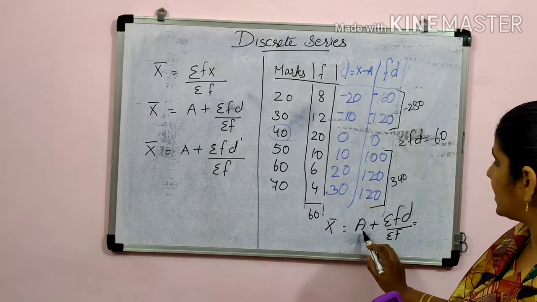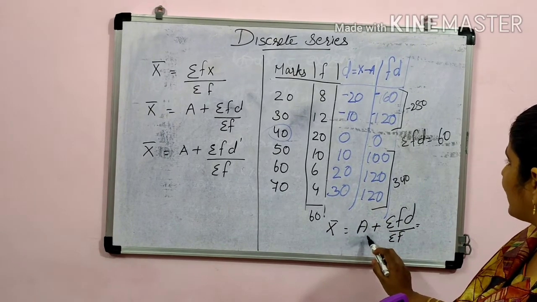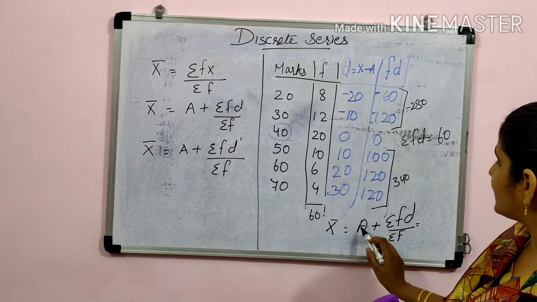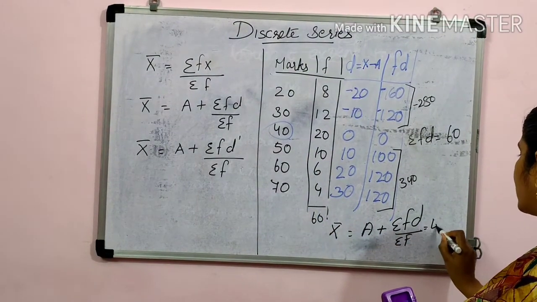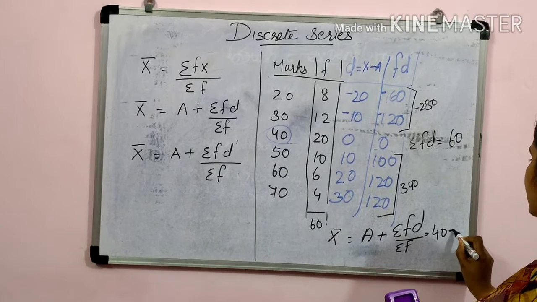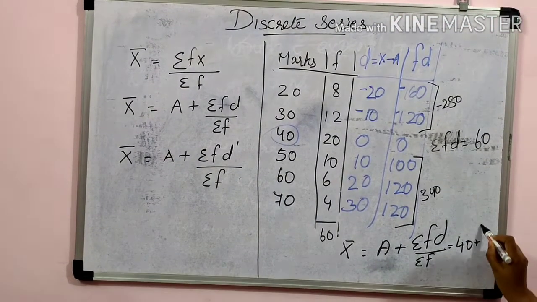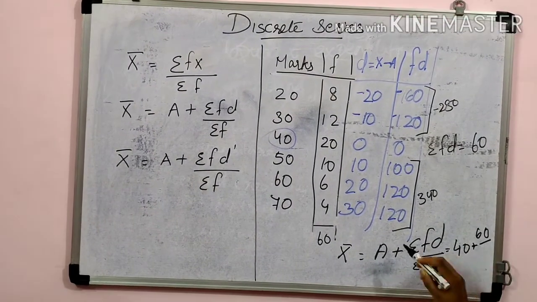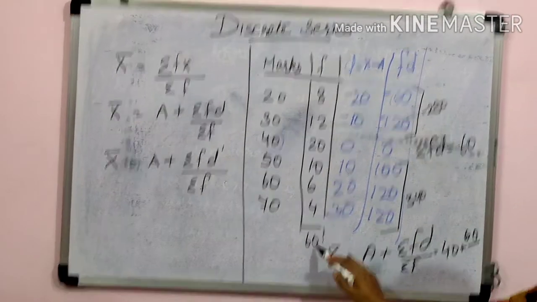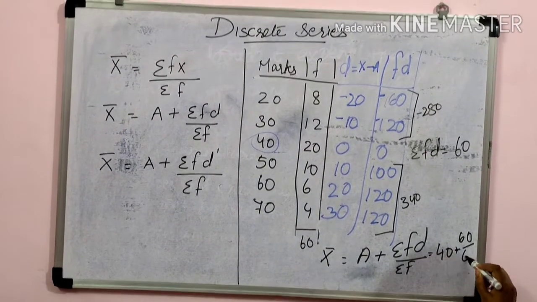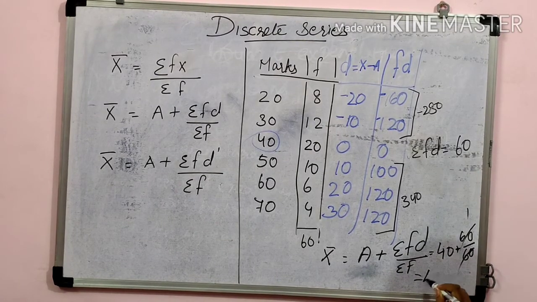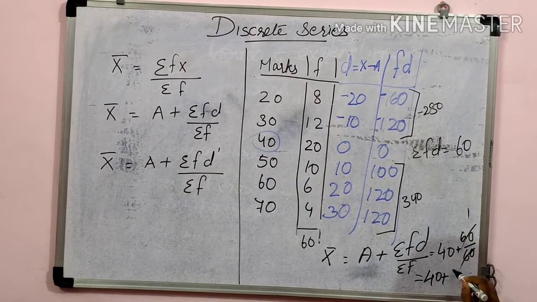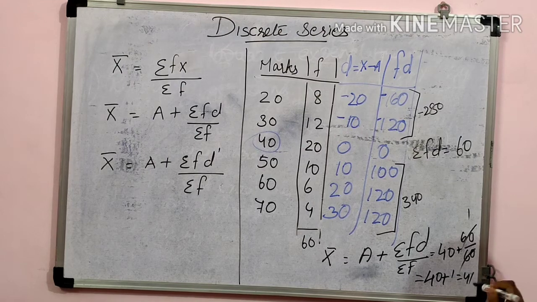Now the value we assumed as the mean is 40, so it will be 40 plus 60 divided by summation of f, that is equal to 16. So when we are dividing, it will become 1, then 40 plus 1, so total will be 41.